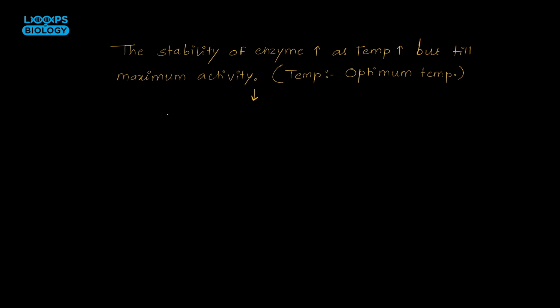So whenever I'm increasing the temperature beyond the optimum condition, whenever there is an increase in temperature beyond the optimum scale, at that particular case, we are providing more energy than the bond has stored.